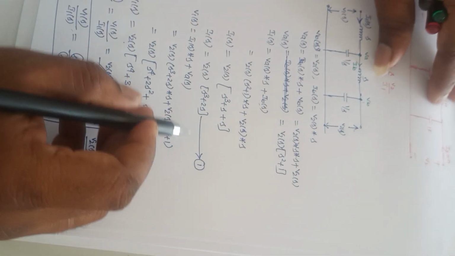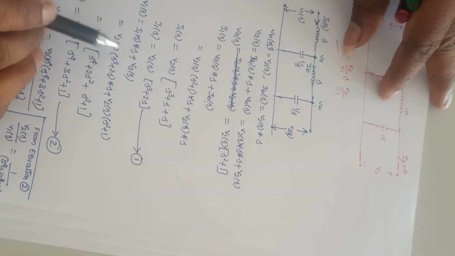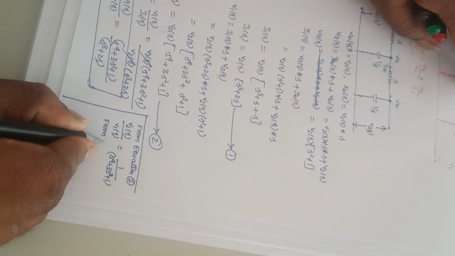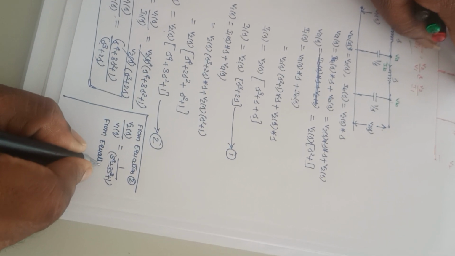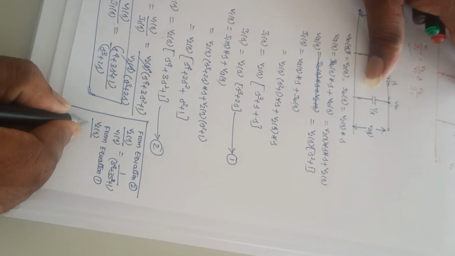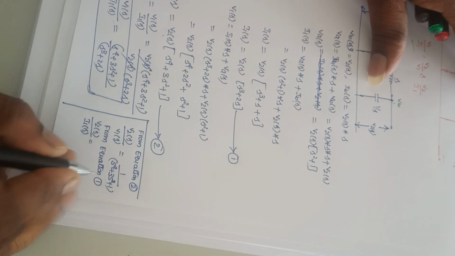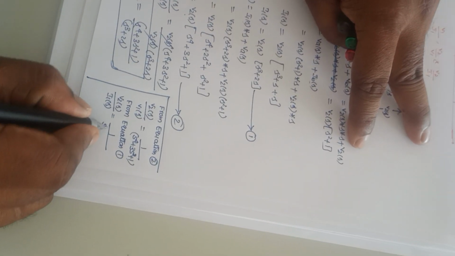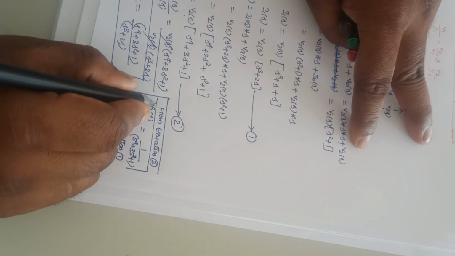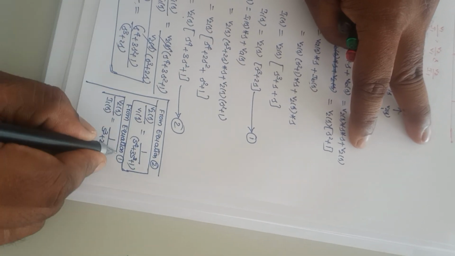Next, from equation 1, what I need to find is V2 by I1. V2 of S divided by I1 of S is equal to 1 by S cube plus 2S. So these are the things that we need to find for this problem.